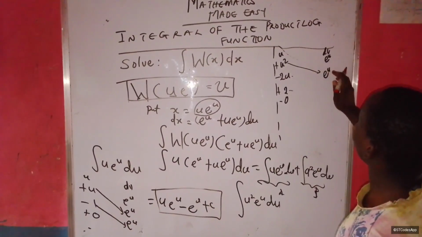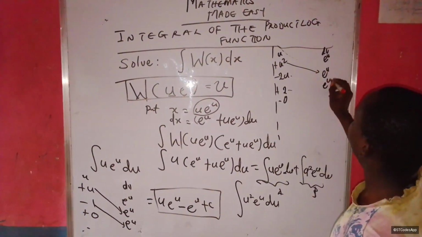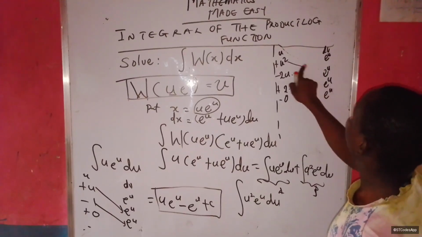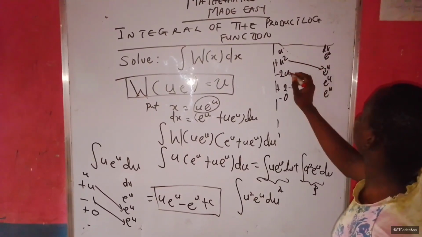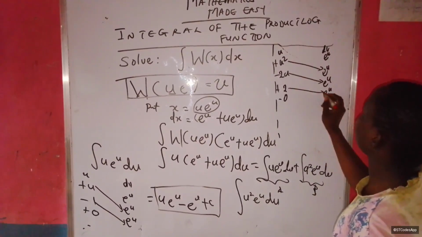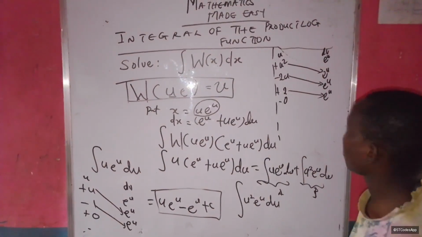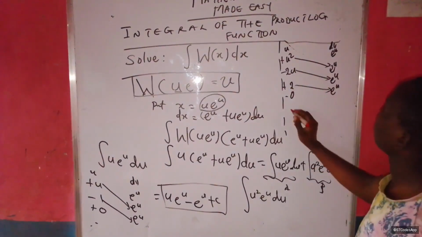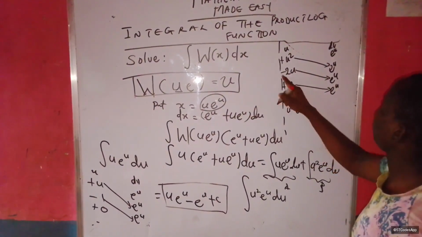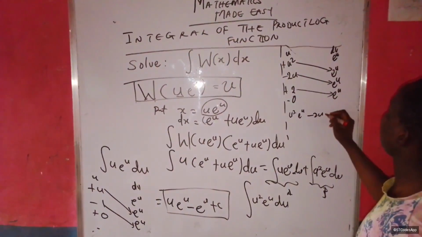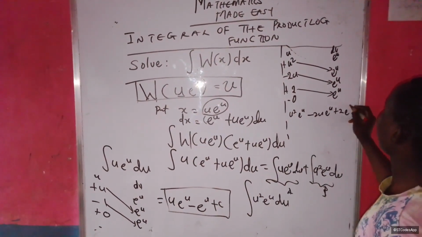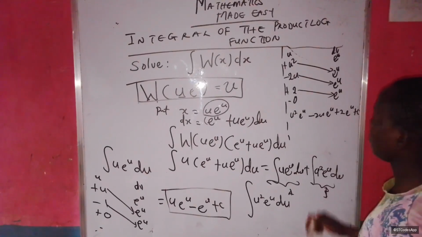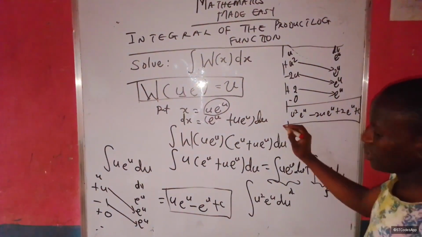This will multiply this will multiply this will multiply this. Okay? Then I'm going to have u squared e raised to the power of u minus 2u e raised to the power of u plus 2 e raised to the power of u, everything plus c. So that's the second integral.